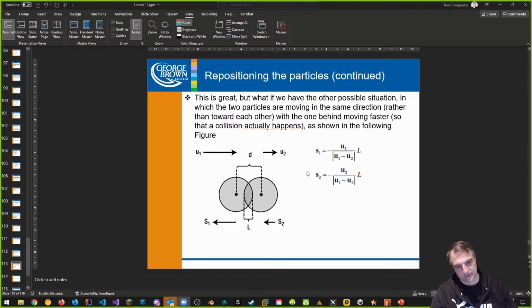And the same goes for the displacement of particle 2. Does that make sense? And notice that the displacement of particle 1 and particle 2 are in the same direction, this way. They would have collided earlier, somewhere over here. All right, so that is repositioning particles based on moving particles in 1D.